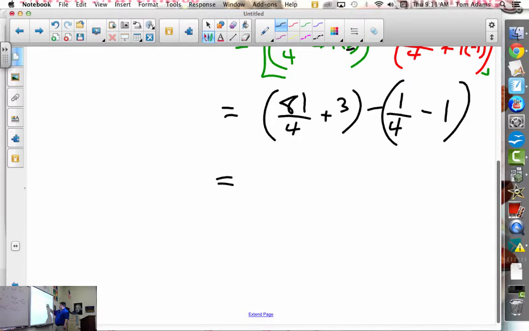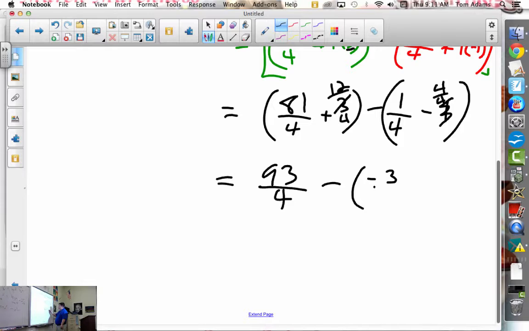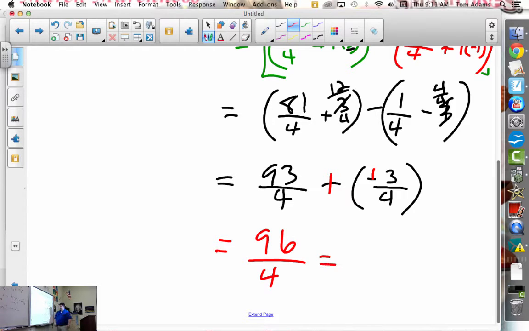This 3 becomes 12 over 4, so I've got 93 over 4 here, minus, this negative 1 becomes 4 over 4. 1 minus 4 is negative 3 over 4. But when you minus a minus, you actually add, and so I get 96 over 4.